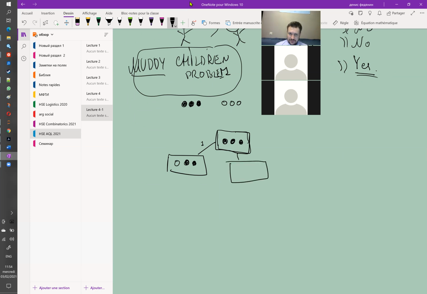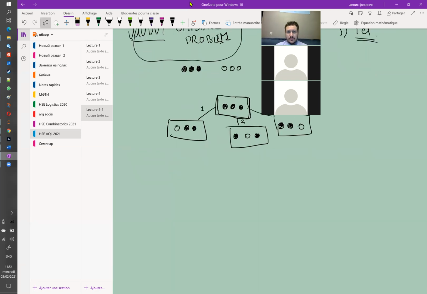And we can say that for the second, this is true. He cannot distinguish these two. The third cannot distinguish these two. Okay, and we can move forward. What about the second?